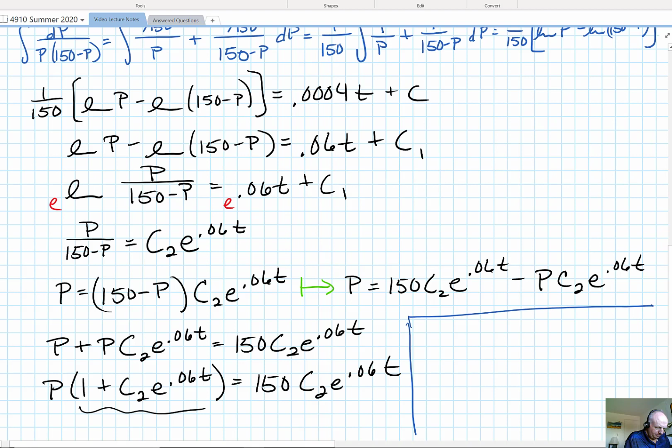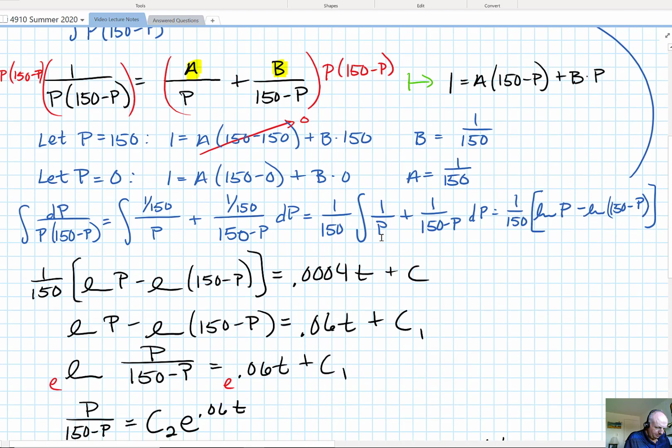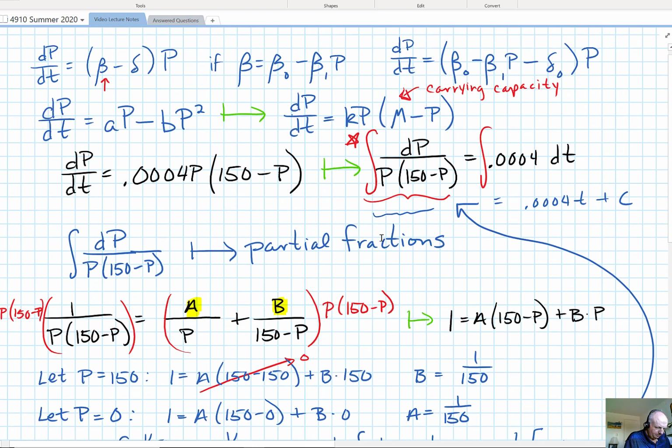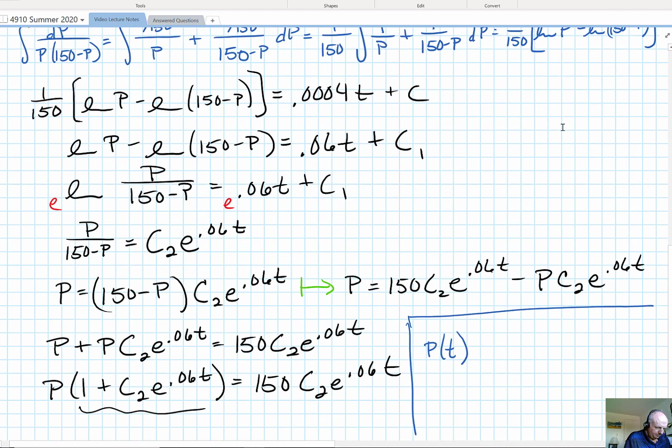So if you go a little further in the book, you see that this is the solution to your logistic equation right up here, with an initial condition of P of 0 equals P sub 0. Let's just write this down. I think this is helpful.